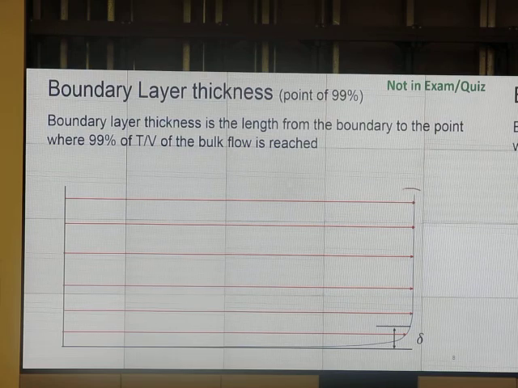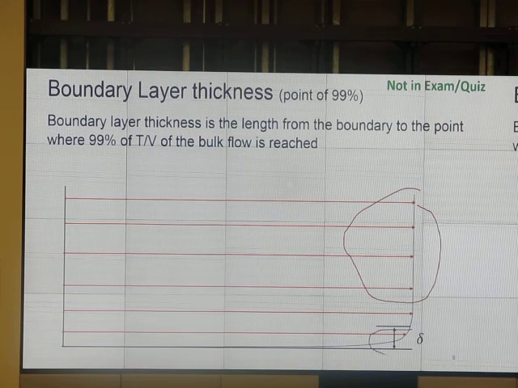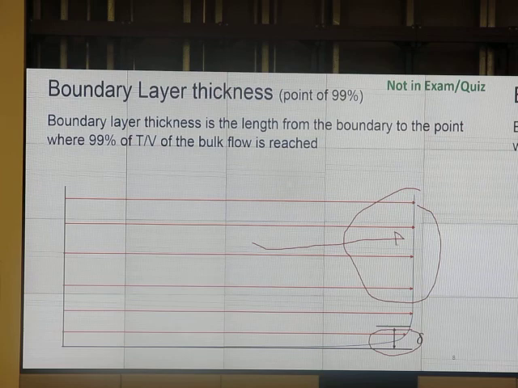So outside, you may think it is inviscid, but this part is a viscous flow. That layer is where the velocity profile reaches 99% of the bulk fluid velocity. This layer is the boundary layer thickness for the case of momentum. For the case of temperature, it is where temperature reaches 99% of the bulk temperature.